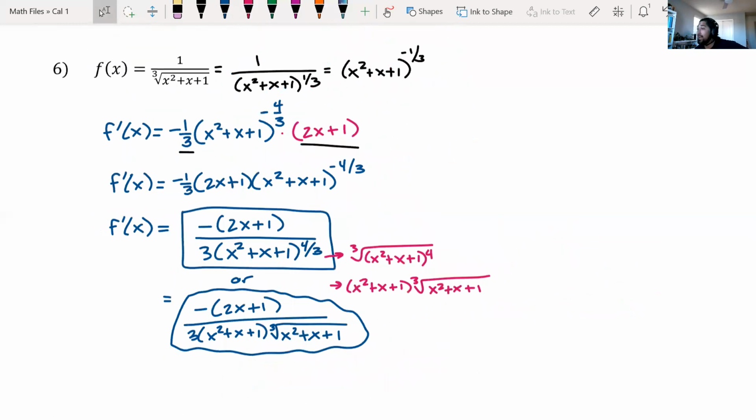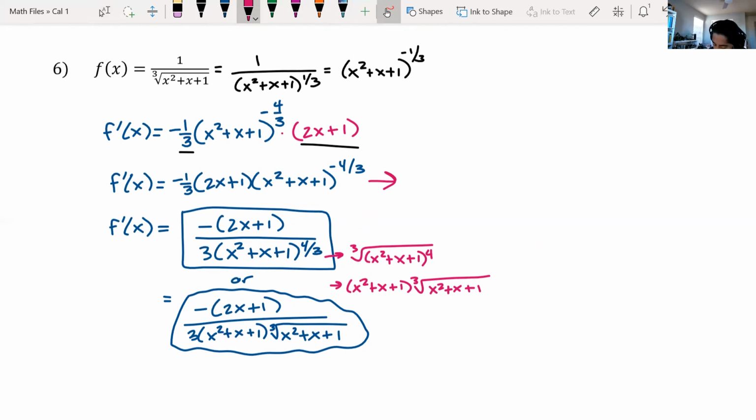Okay. Any questions on that one? I'm not sure on the second to last step before you boxed it, where you moved it around, how you got just the negative on the. So how I went from here to here? Yeah. That's a good question.